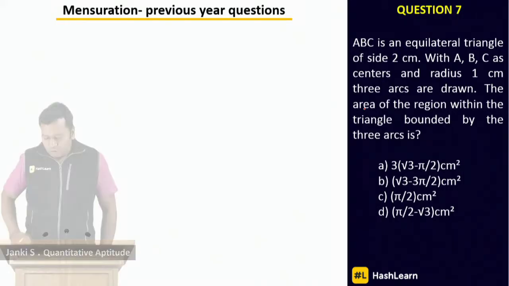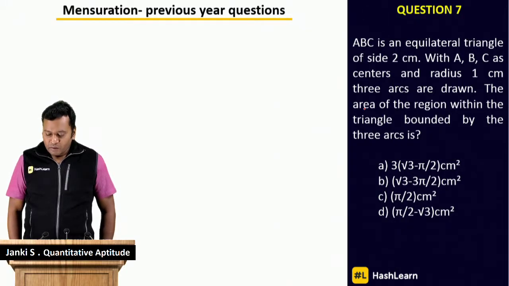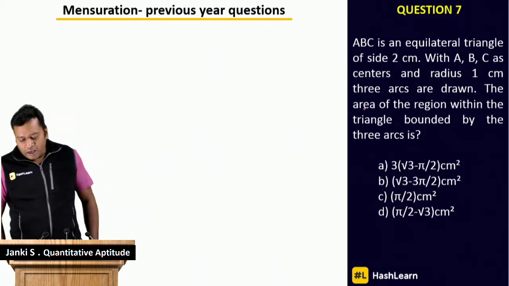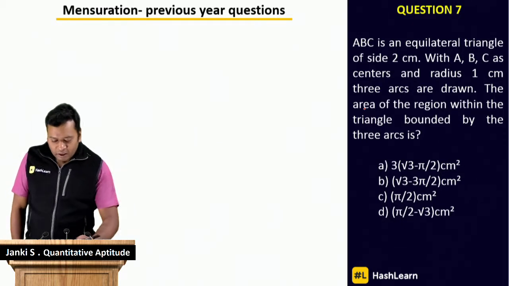Time up. Let's move to the next one. Now it's given ABC is an equilateral triangle of side 2 centimeters with ABC as the center and radius 1 centimeter.